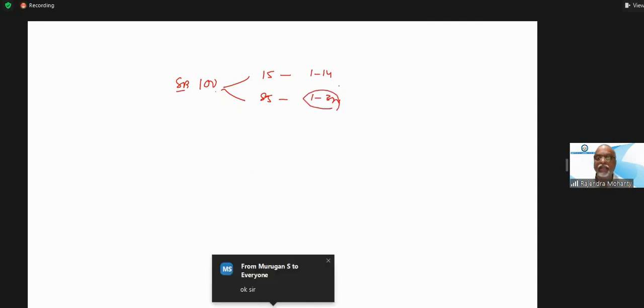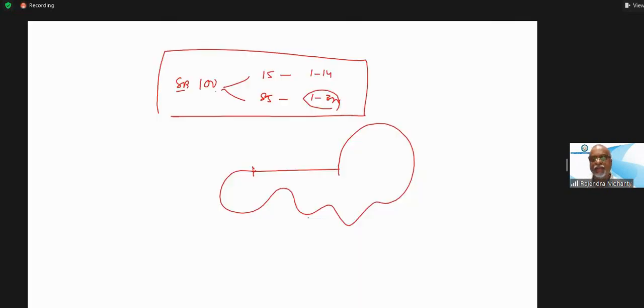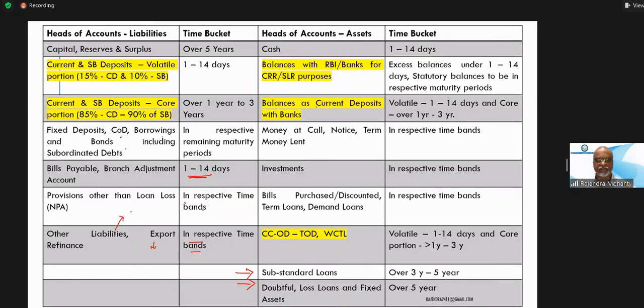Do not tell me that now it is more than 14 days for whatever you put in the 85. Simply, I have given this, you should understand this and put it in this way. Do not complicate your mind by going in the other direction. If there is a straight way to reach your destination, why should you take a different route and go there? This is a simple and straight way I have explained. That will take you more time, and you will be confused. Okay, I have explained a simple thing, you should stick to it.